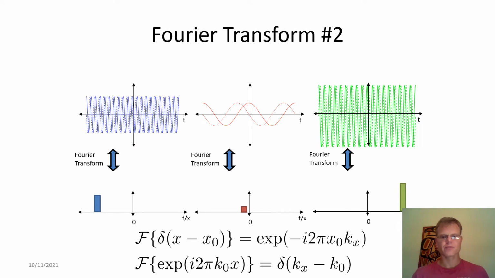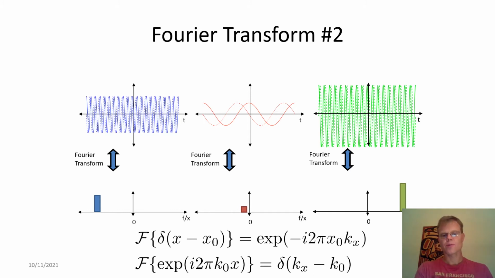So this brings us to one of our next set of important Fourier transform identities, or pairs. Okay, and one of these identities says that the Fourier transform of a shifted delta function is going to be a complex exponential, where the frequency of that complex exponential depends on the amount of shift x0.